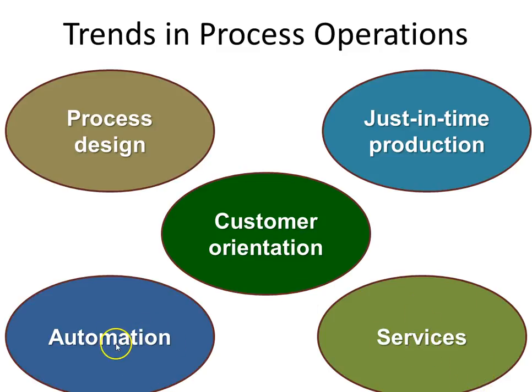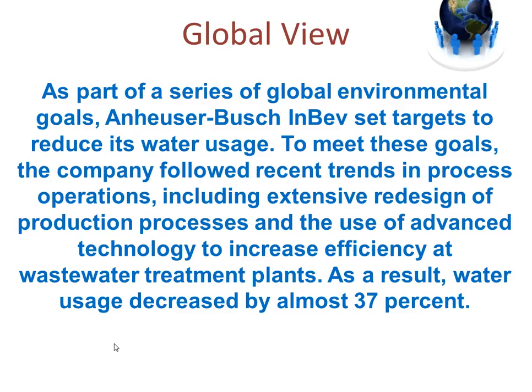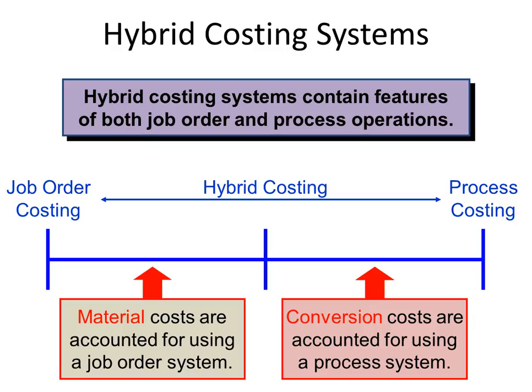But definitely a lot more automation with process operations. I'm not going to go to the global view. Hybrid costing, I'm not going to test this, but there are some products that are individualized, as well as some of it might be process costing. So they'll do a thing called hybrid costing.